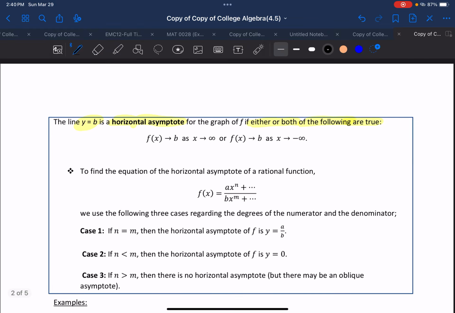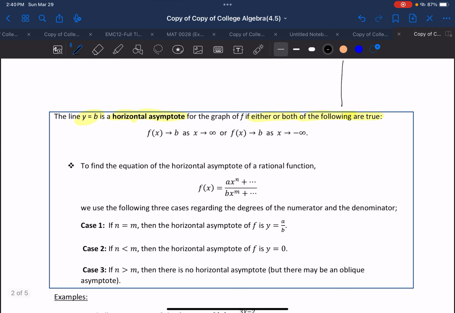Now, to talk about that notation, I am going to draw two examples of graphs up here. The first one is the graph that we just looked at. Something like this. And then the other one, I'm just going to draw the graph of 1 over x that we had.